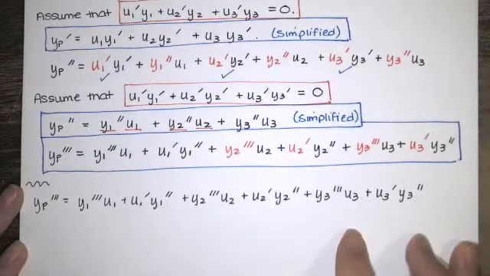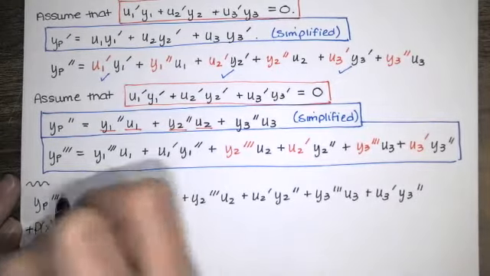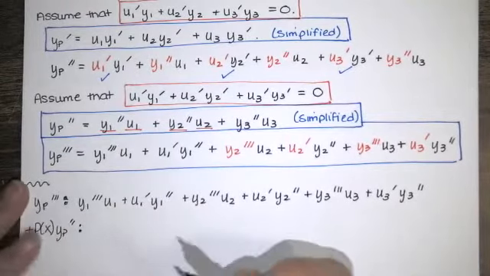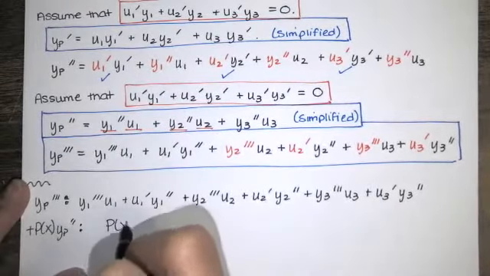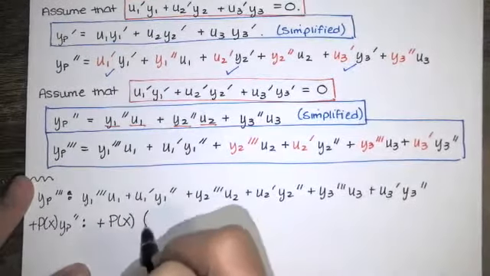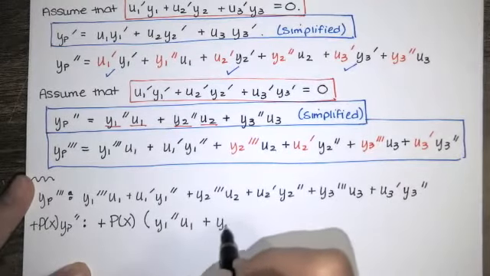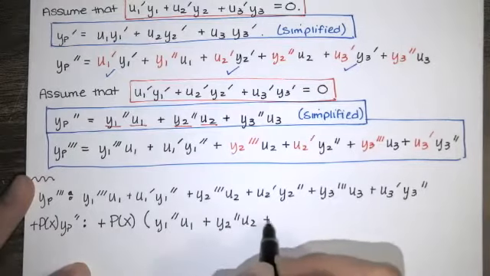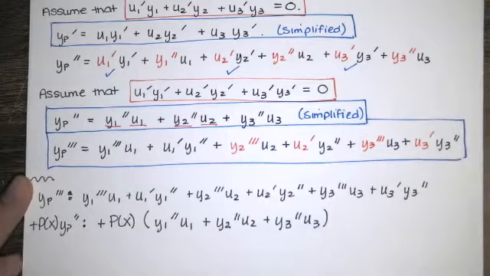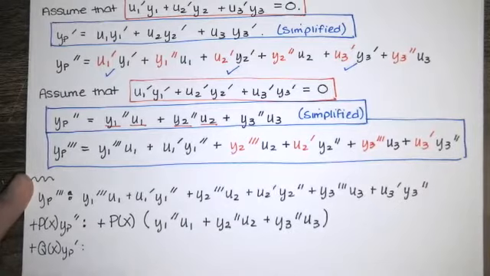Okay, so we've got y sub p triple prime, and then we're adding p of x times y sub p double prime. So I've got p of x times this. And then we're adding q of x times y sub p prime.